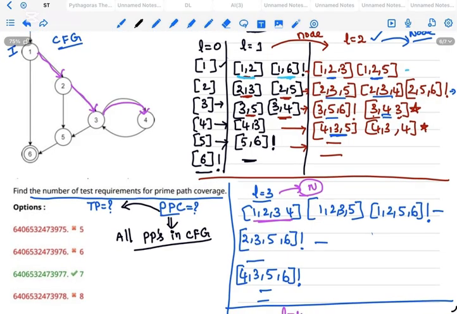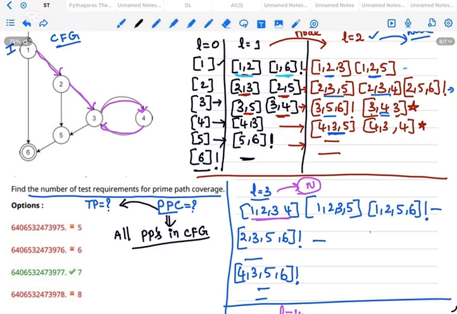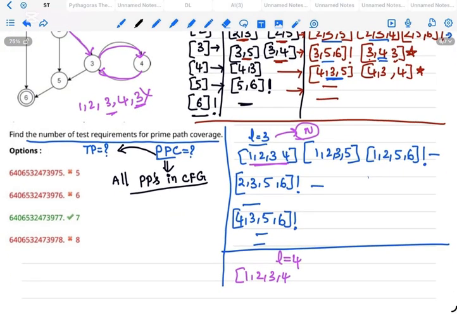We cannot extend it, right? 4 to 3, 3 is repeated, right? So it's not possible.